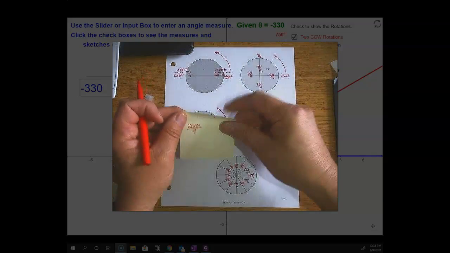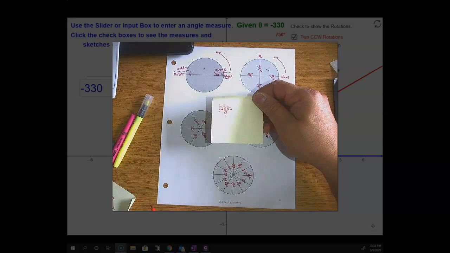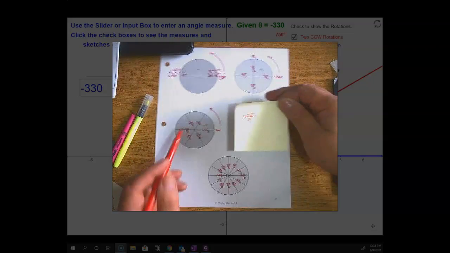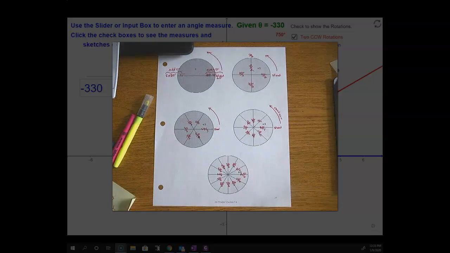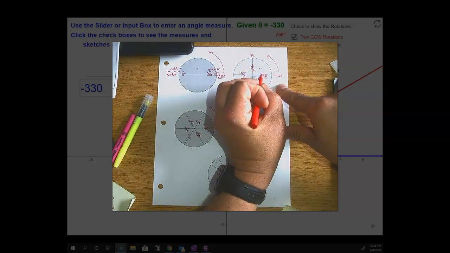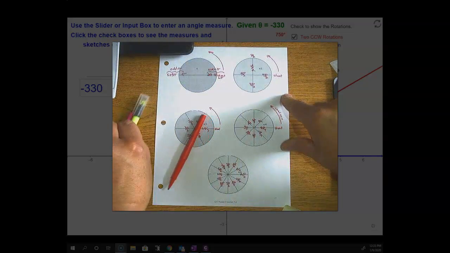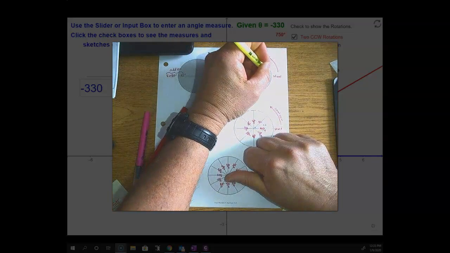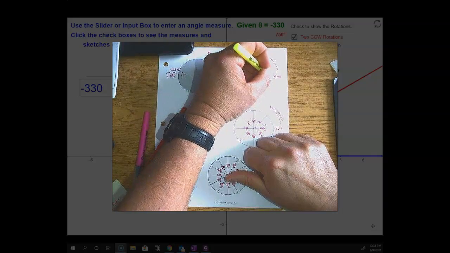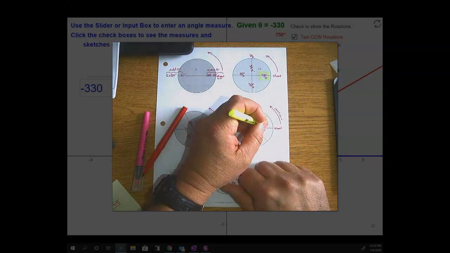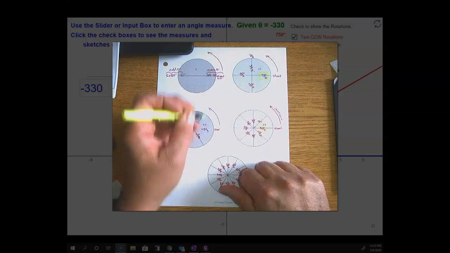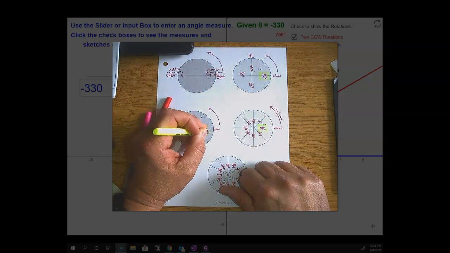So how would you get this so that it's between 0 and 2 pi? Here was your key. When we did this one, this is what 2 pi is. This is our value of 2 pi.